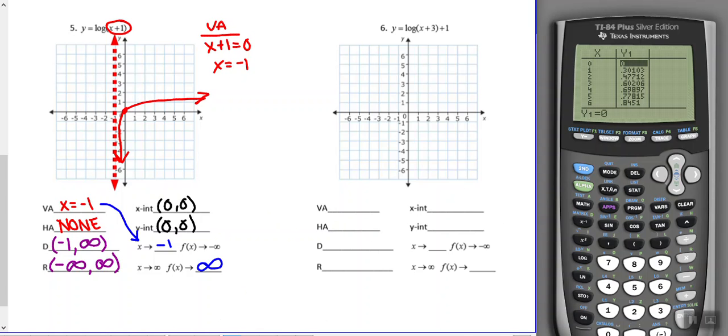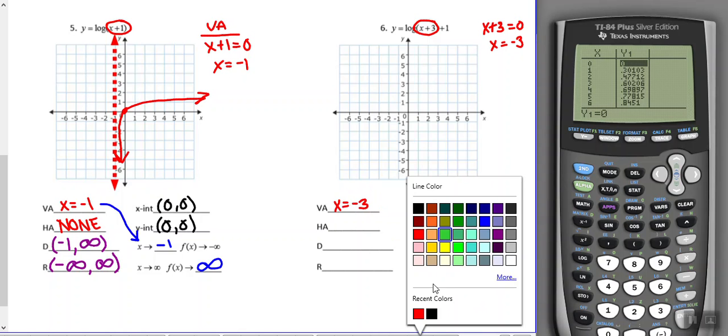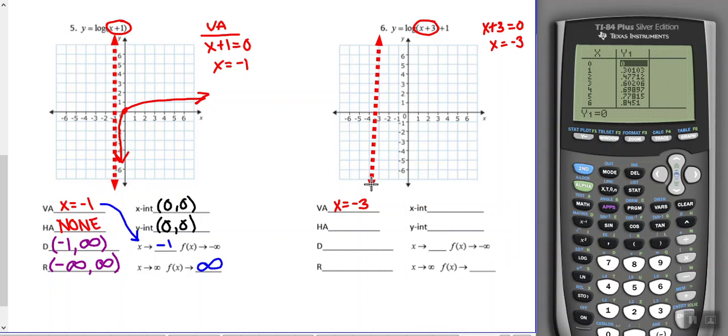So first I'm going to do my asymptotes. So my vertical asymptote, I do have one, and again we're just setting the parentheses equal to 0. So x plus 3 equals 0, we get x to equal -3. Then I can go and graph that at x equals -3. Oops.